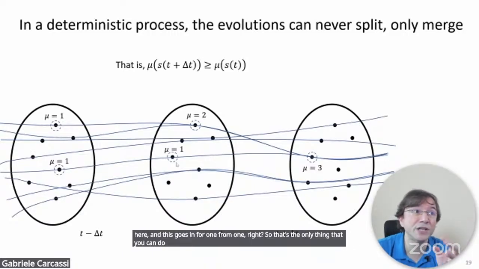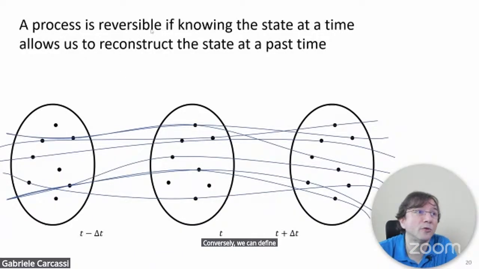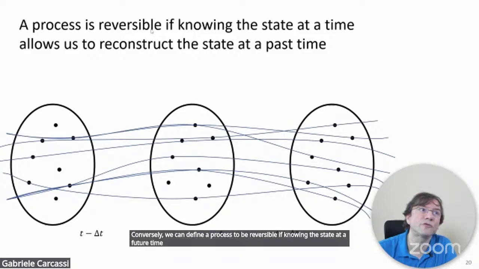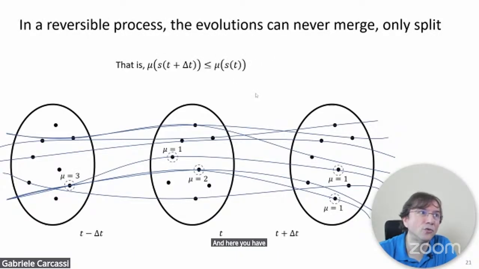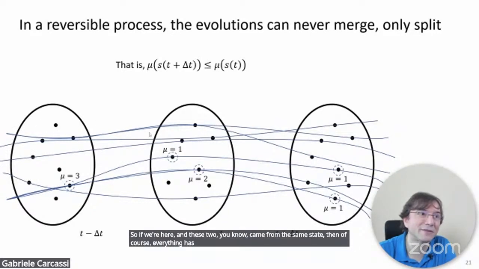It cannot decrease. Conversely, we can define a process to be reversible if knowing the state at a future time allows us to correct the state at a past time. And here you have the dual. The evolution can split, but it can never merge. So if we're here and these 2 came from the same state, then of course everything has to come from that state from then on.